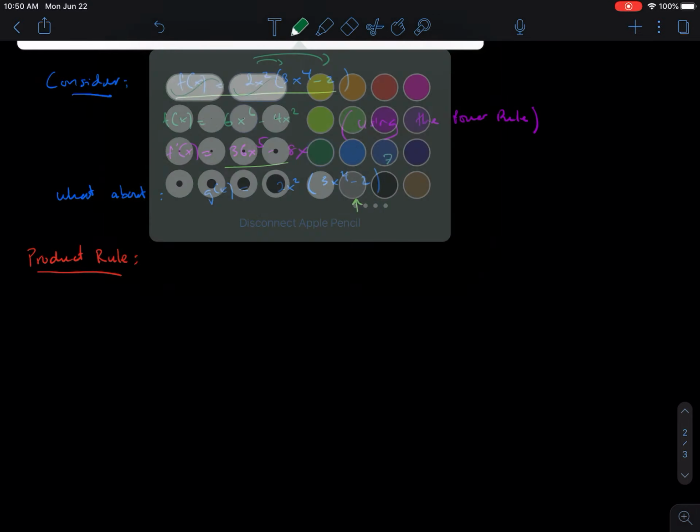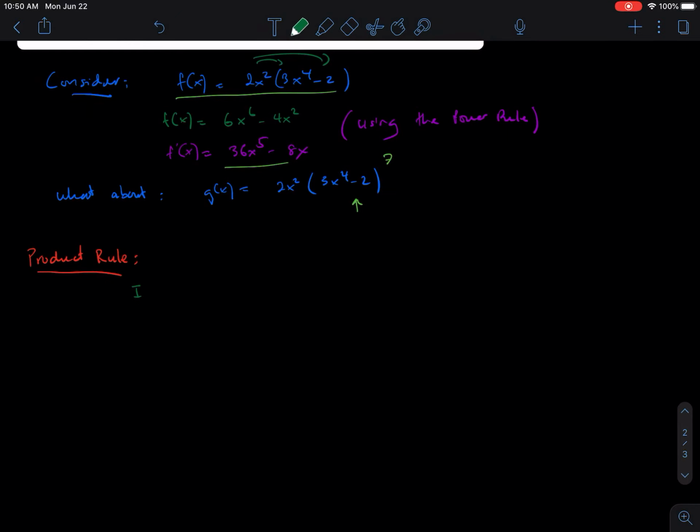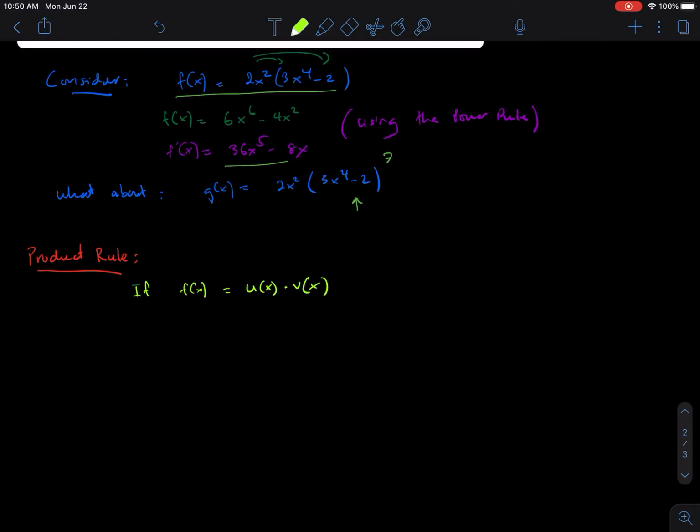Okay, so this is saying that if a function f of x is defined as a product of two functions, let's call them u of x and v of x, and we're just going to call this u times v for short.